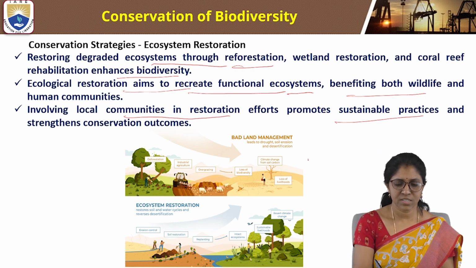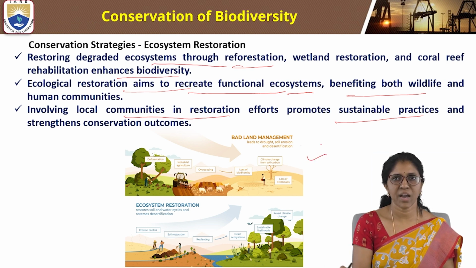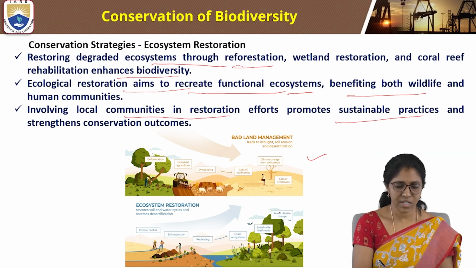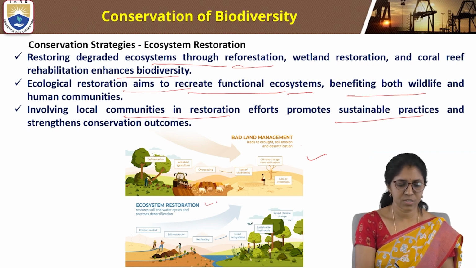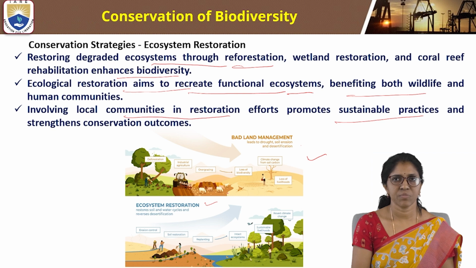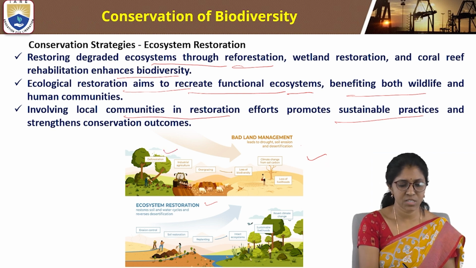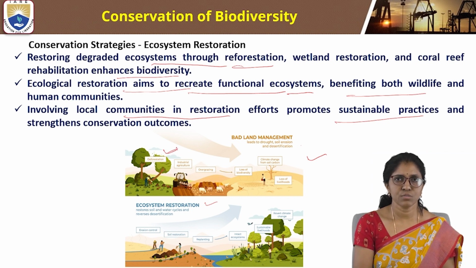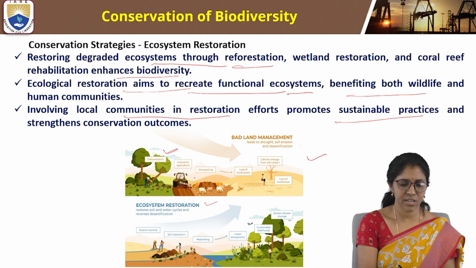If we see this diagram, the first one is bad land management and the second is ecosystem restoration. In bad land management, deforestation takes place for agriculture and industrial expansion.